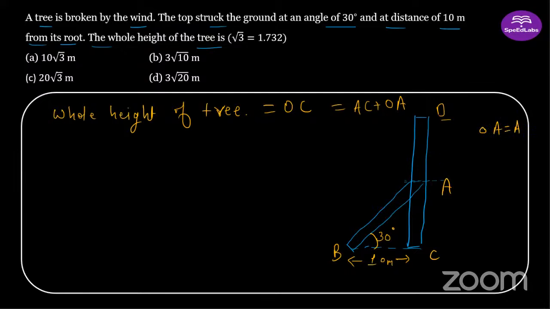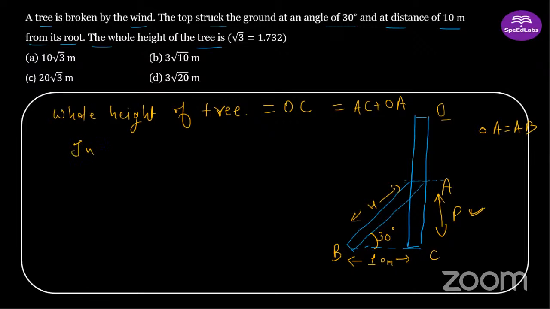OA is equal to AB because this is the broken part now. So first we can find this distance, which is the perpendicular. In the second case, we'll find the hypotenuse. Once we know the perpendicular length and the hypotenuse length, we'll be able to find the whole height of the tree. So first let us apply tan 30 because we will find the perpendicular first.